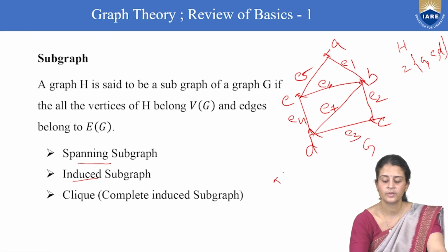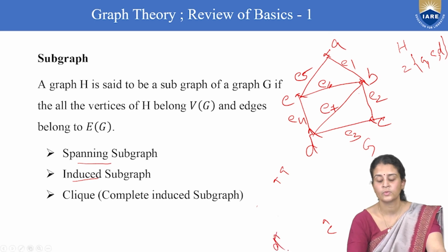We are putting here A, C and D. If I am drawing a graph like this, is it a subgraph of G? If it is like A, C, D, yeah, it is a subgraph. It is called a trivial subgraph because it doesn't have any edges. It is a disconnected subgraph like that.